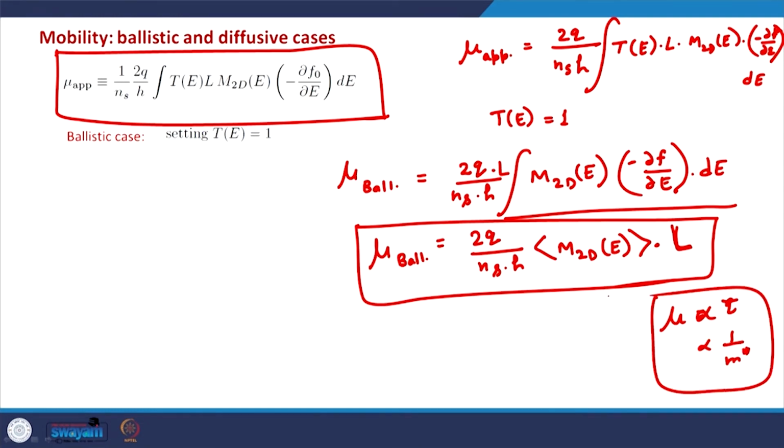So this nuance is not taken care of by Drude's or the conventional formalism of transport.